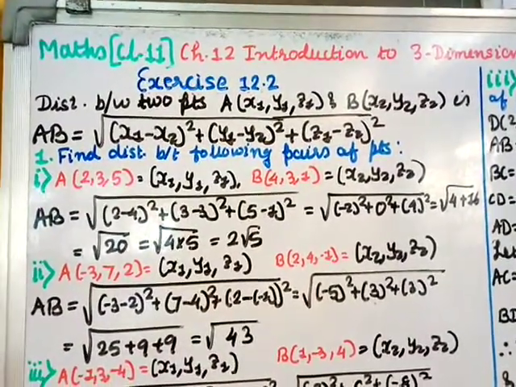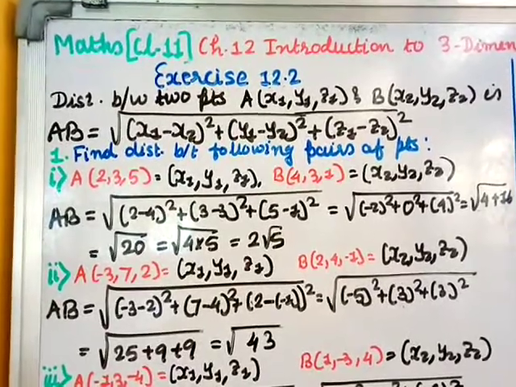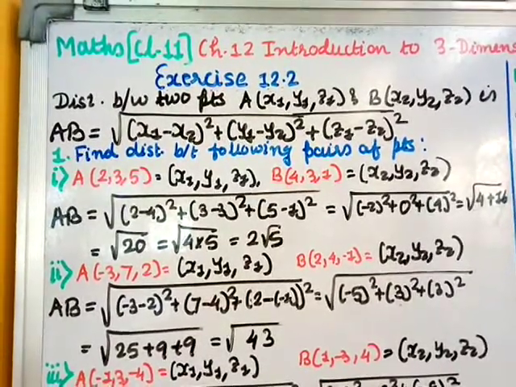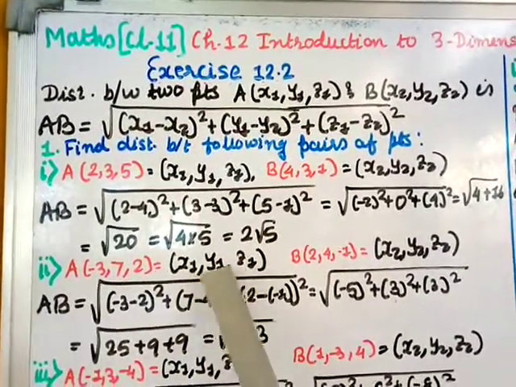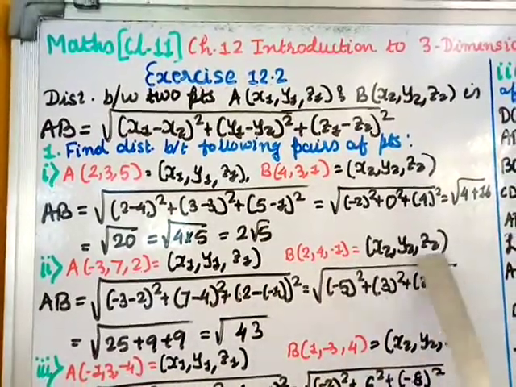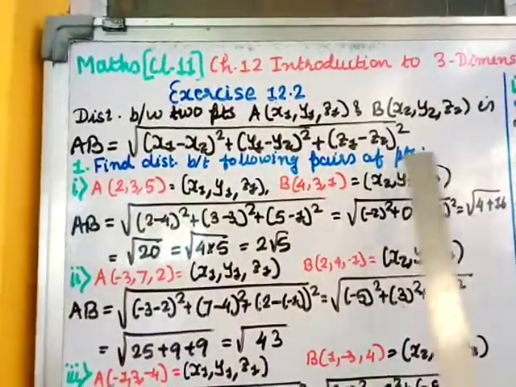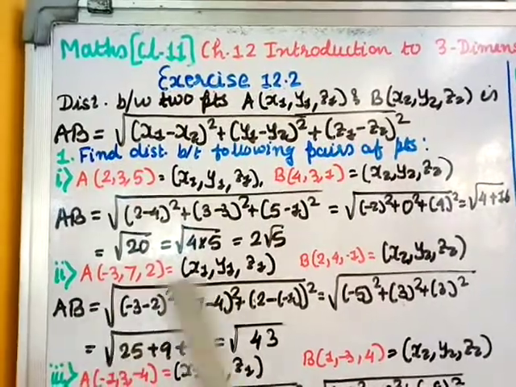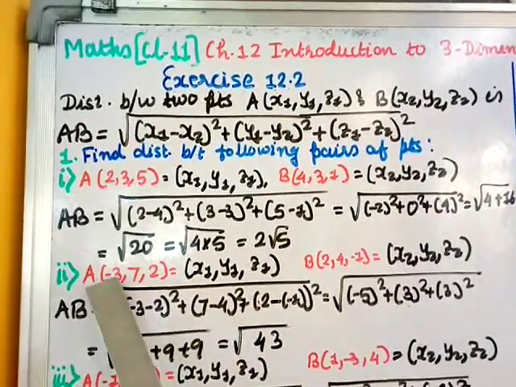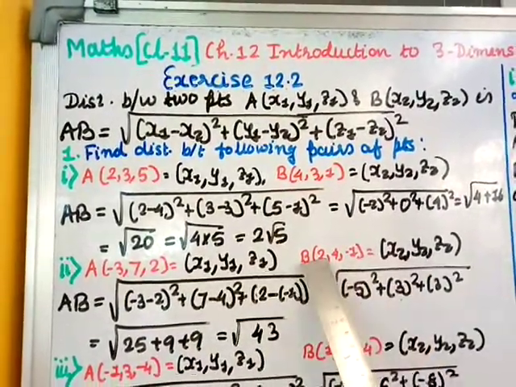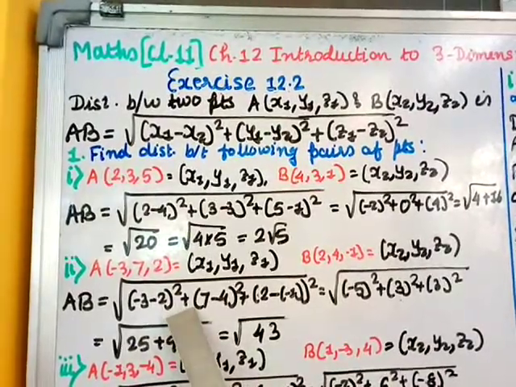Roman number 2: (minus 3, 7, 2) and (2, 4, minus 1). Call this as A, x1, y1, z1 and B, x2, y2, z2. Again we'll use the same result. So AB is equal to under the square root x1 minus x2. So minus 3 minus 2 whole square plus y1 minus y2.